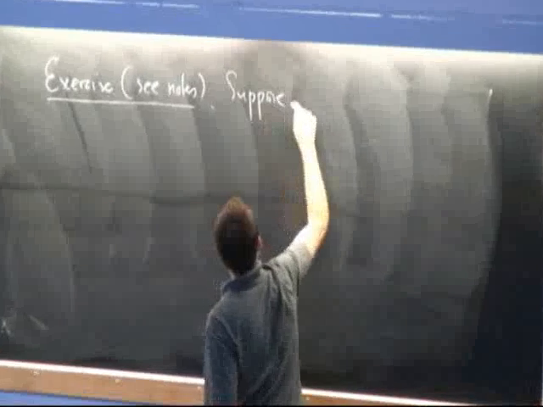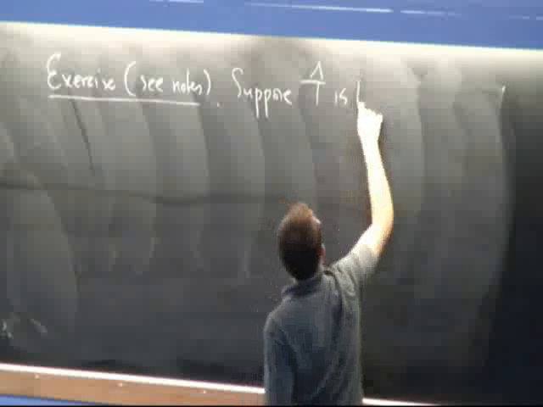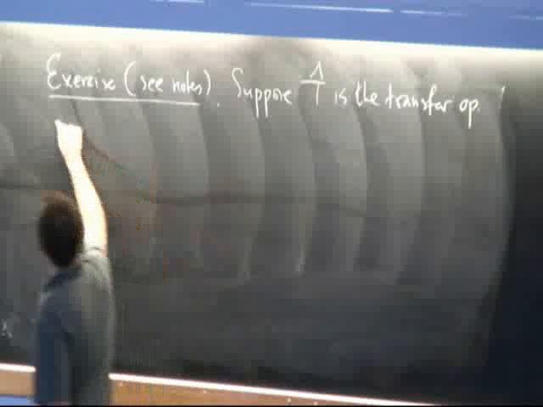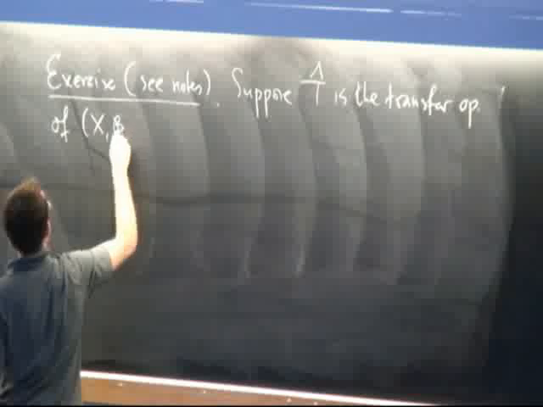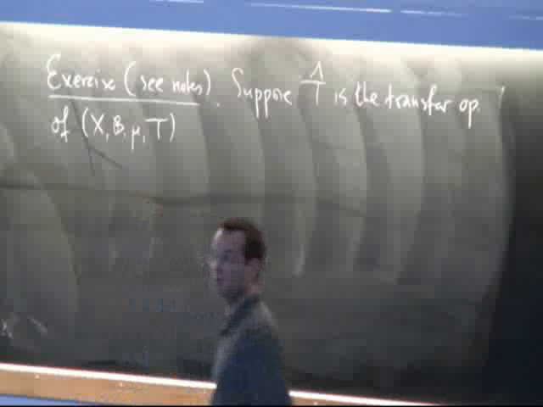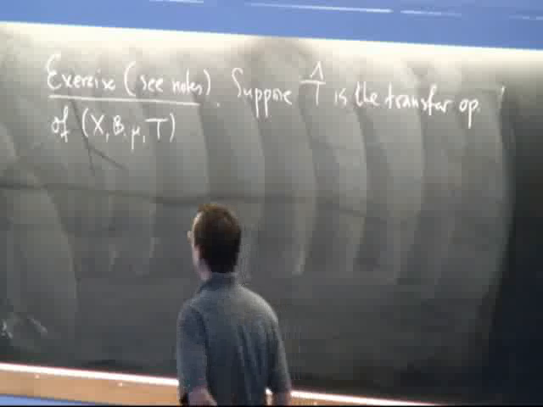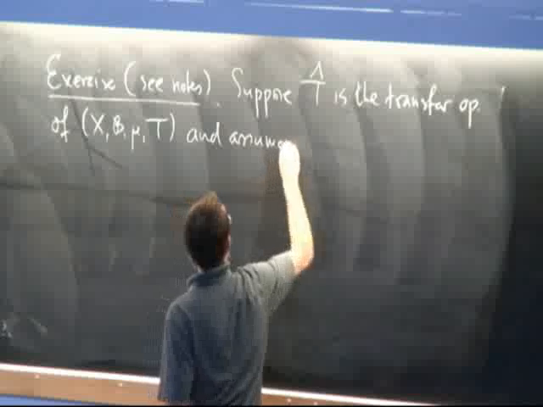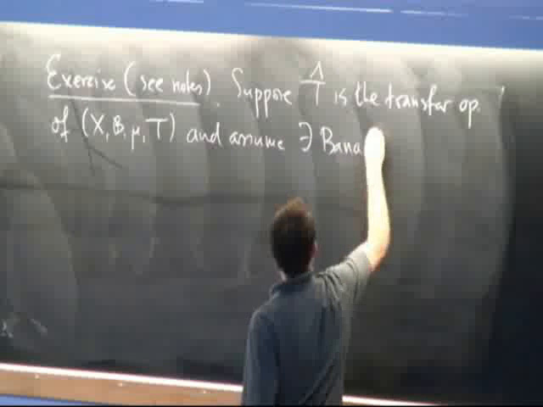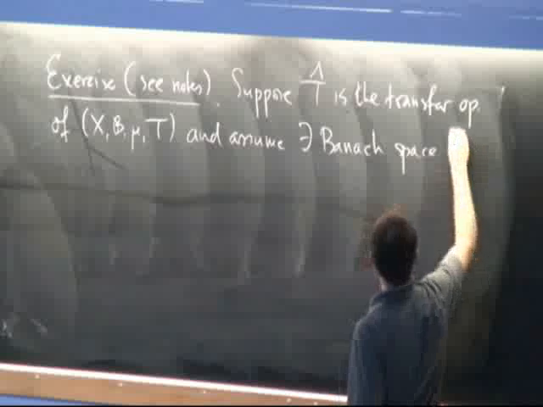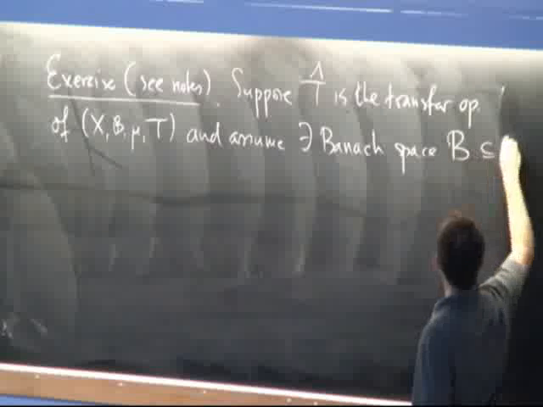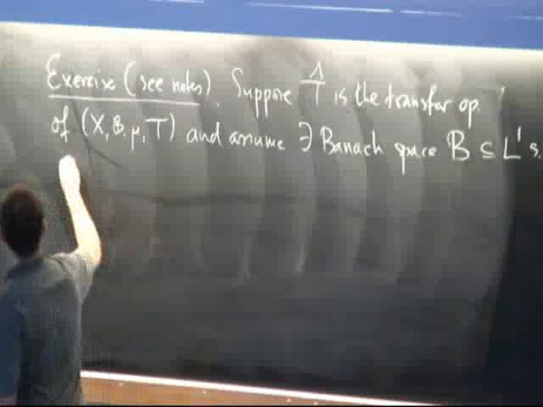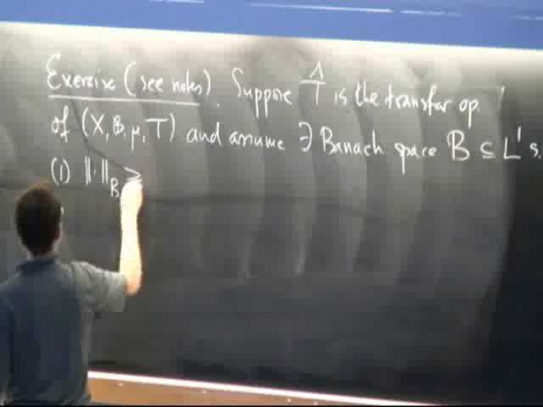Suppose T hat is the transfer operator of a dynamical system (X, B, mu, T), a non-singular map, T acting on a probability space or measure space (X, B, mu), and assume there exists a Banach space B inside L1 such that the norm of B is stronger than the norm of L1.